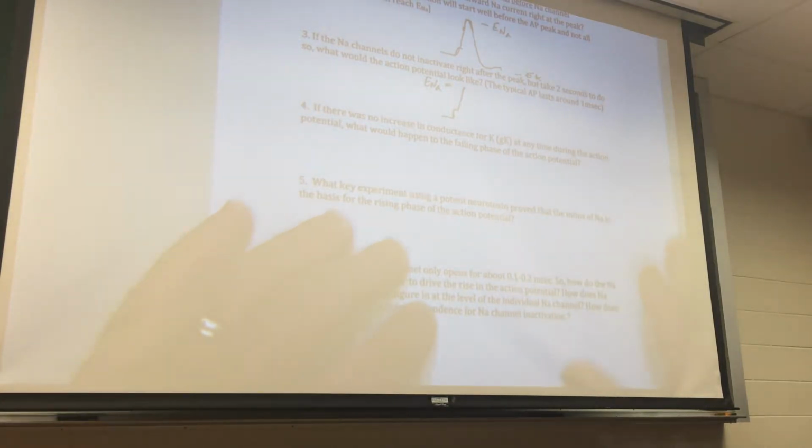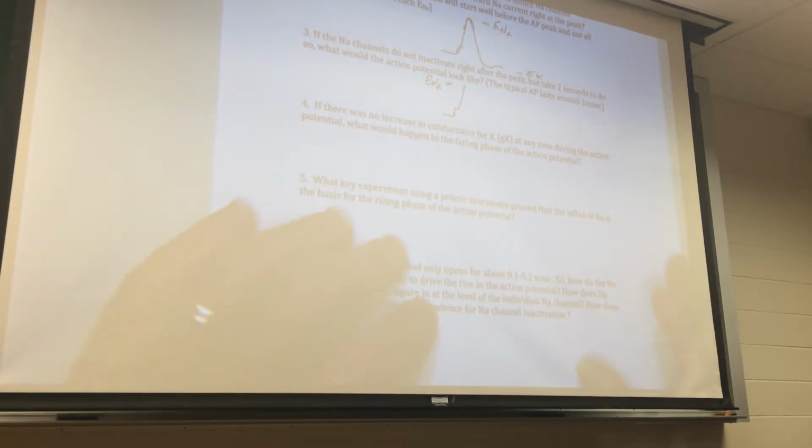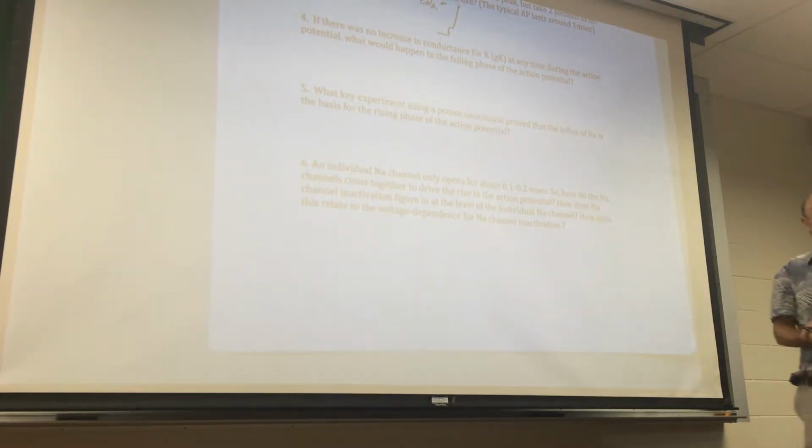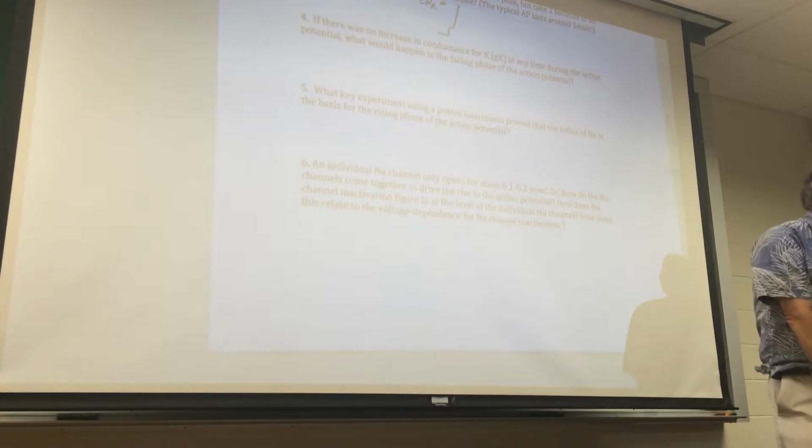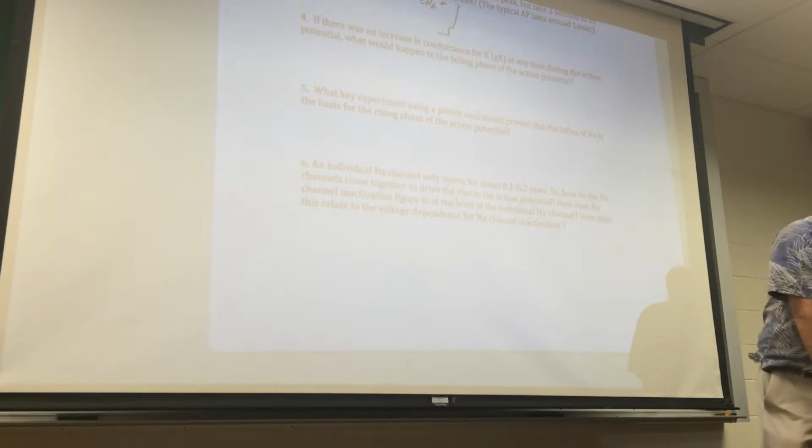Remember, very strong conductance or current for potassium, but we still have a very strong current for sodium. So now you have both. "Would it still go down but a lot slower?" So it may go down, and it may go down slower, okay.